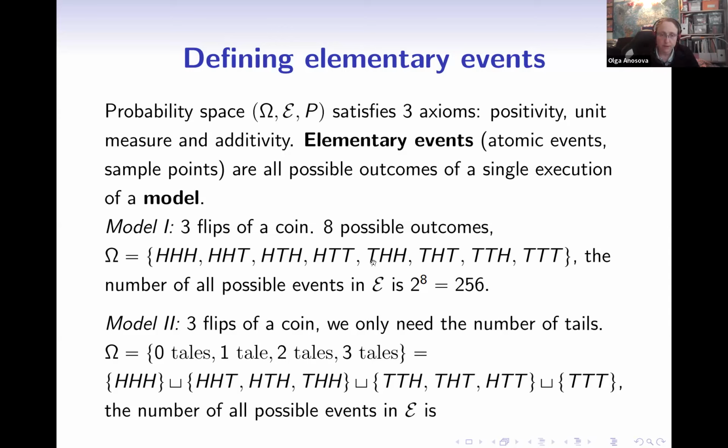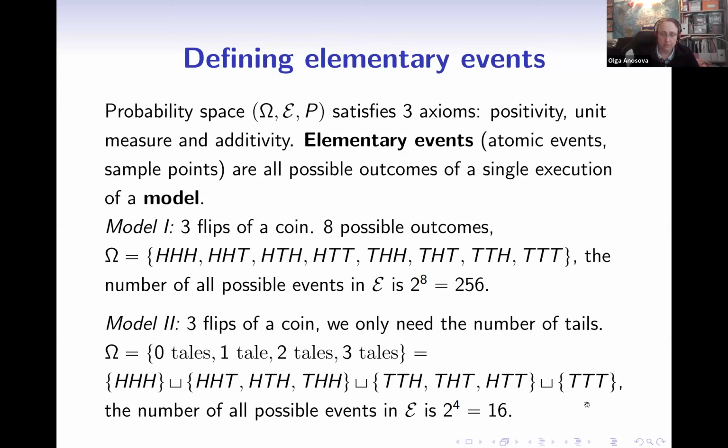Last time we had 8 events, and we were able to create 2 to the power of 8 possible events. And now we have 4. So what will be the number of all possible events in this case? Yes, Alex, absolutely, that's right. We have 4 events, which means that all possible combinations, and all possible events built on those building blocks, is indeed 16.